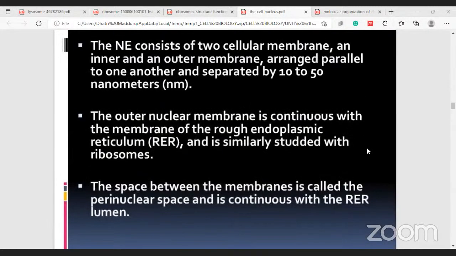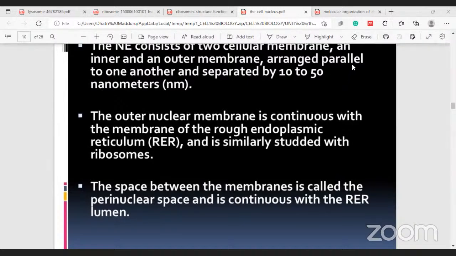It has two cellular membranes, inner and outer, parallel to each other and separated by a space of 10 to 15 nanometers. The outer nuclear membrane is continuous with the membrane of the rough endoplasmic reticulum, which is studded with ribosomes. The space between the outer and inner membranes is called the perinuclear space, which is also continuous with the lumen of the rough endoplasmic reticulum.